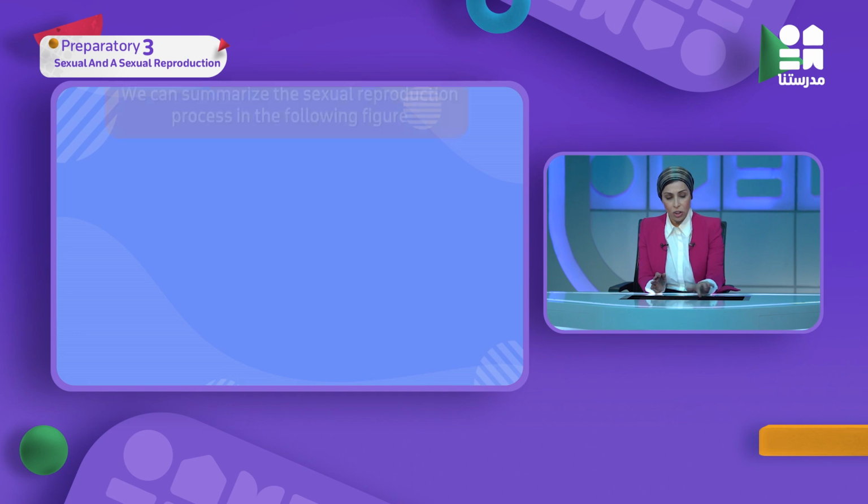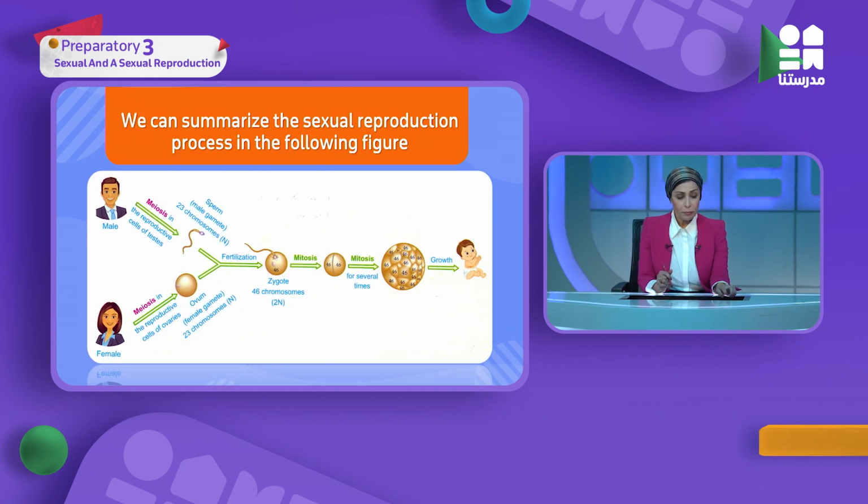As you see here in the picture, the sperm from the male after meiosis contains the haploid number of chromosomes. If it is a human being, how many? 23 chromosomes are in the sperm from the male.